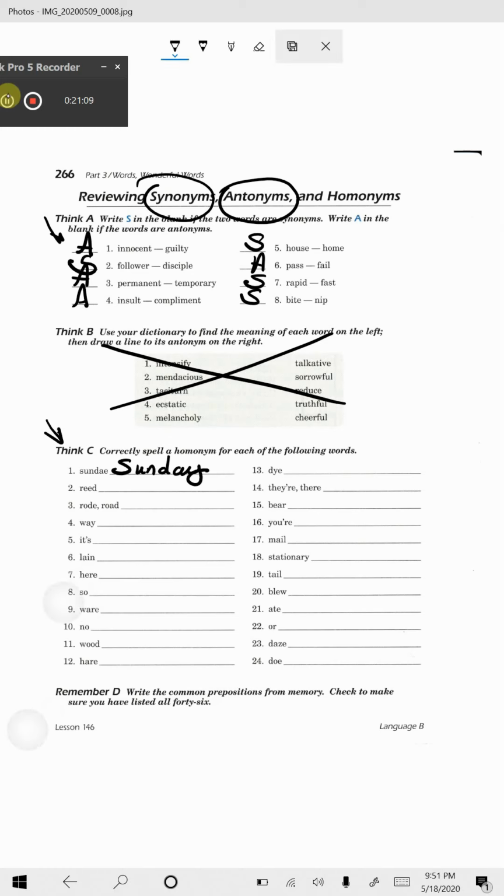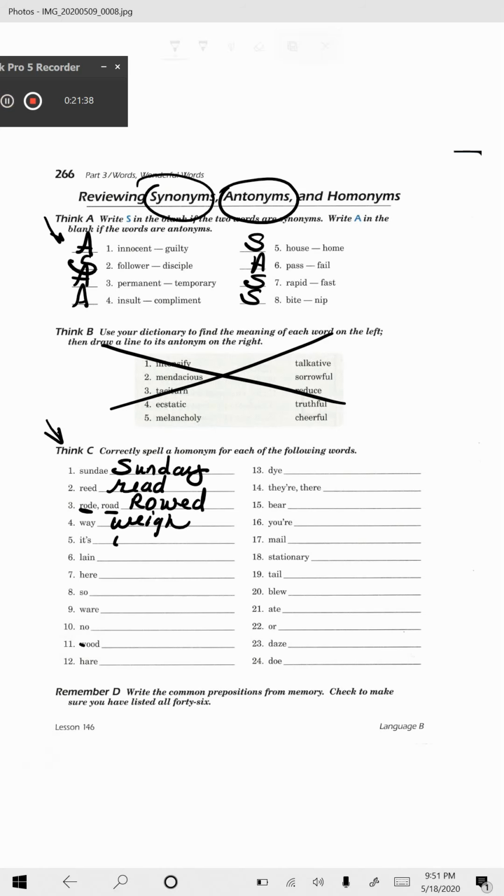Read, which is a plant, and then read a book. Road, this is like road in a car. This is the road, and road, like in a boat. All right, way and way.